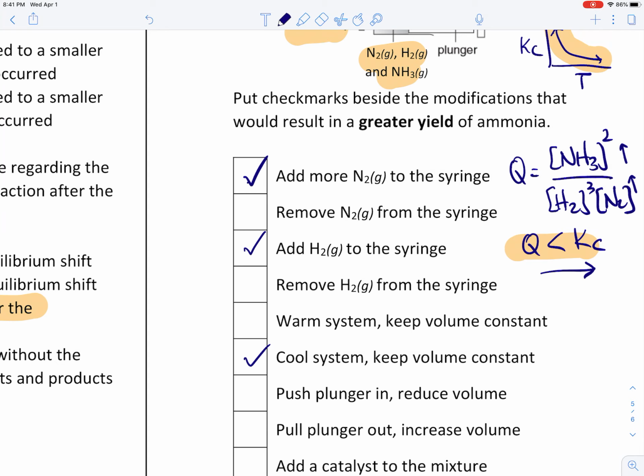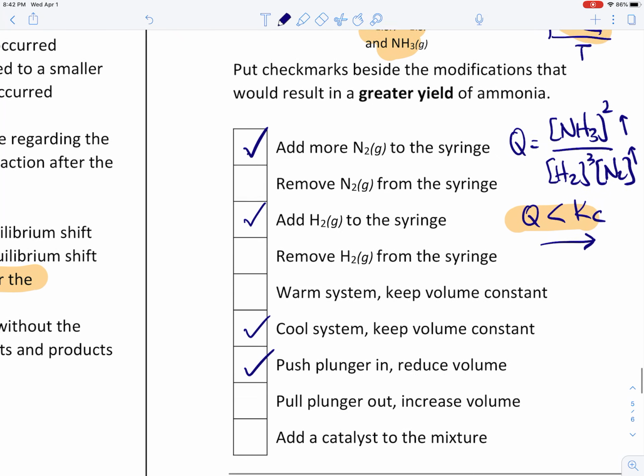But just like before, the denominator here has a bigger overall order. Its overall order would be 3 plus 1, looking at those two exponents. So it's fourth order in the denominator, while it's only second order, the ammonia is squared in the numerator. So while both would increase, the denominator would increase even more, and Q would get smaller, which is what we wanted. So yes, reduce the volume should work.